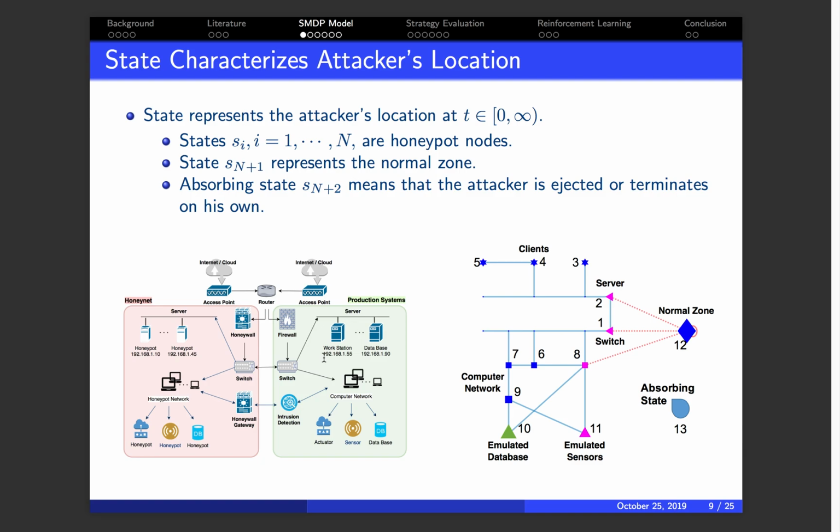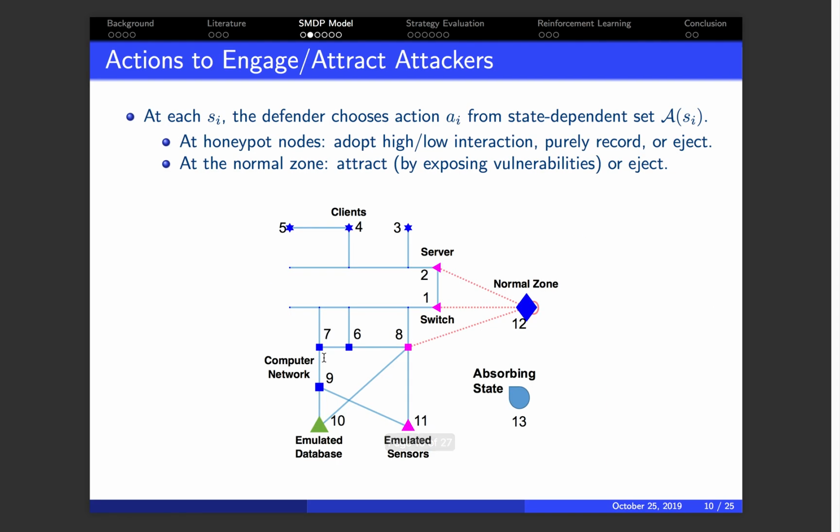State S_{n+2} means that attackers were either ejected or terminated on their own. This state is absorbing. At different states, the defender chooses different actions. At a honeypot node, they can choose different levels of engagement or eject the user. At the normal zone, the defender could choose to attract attackers by exposing some vulnerabilities, or eject the user.